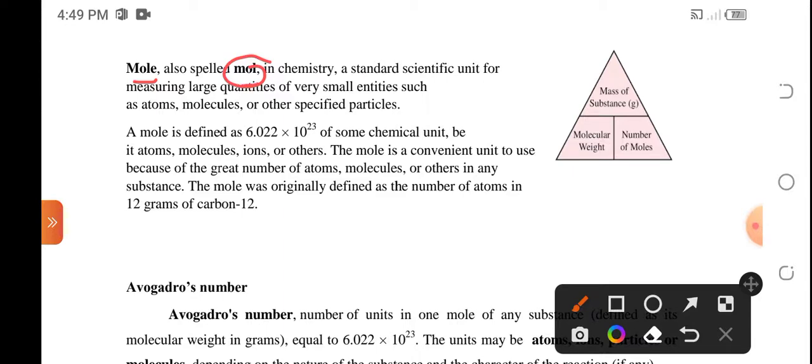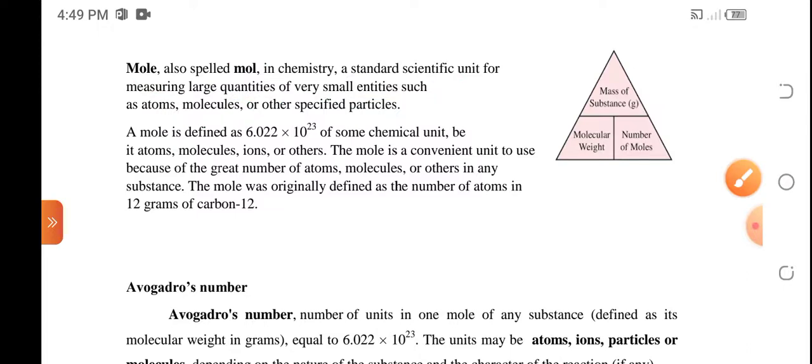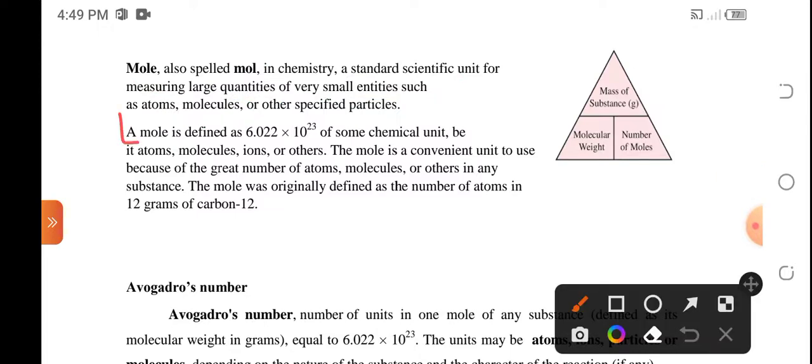This refers to the standard scientific unit for measuring a large quantity of very small entities such as atoms, molecules, and other specified particles. So 1 mole is equal to 6.022 times 10 raised to 23 of an atom, molecules, ions, and or particles.